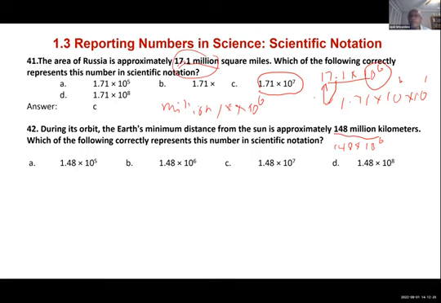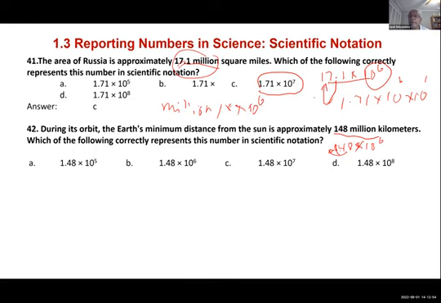Now you had this number 148, with the multiplication sign. The decimal place has to be moved to the left, right here, after 1. So if you move to the left, you add one to the exponent for each movement. In here, you move twice.